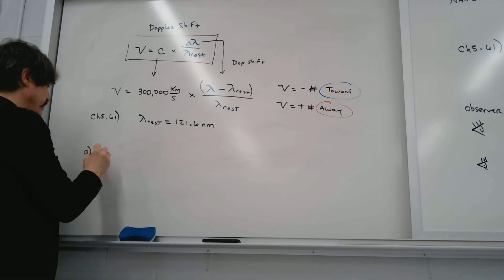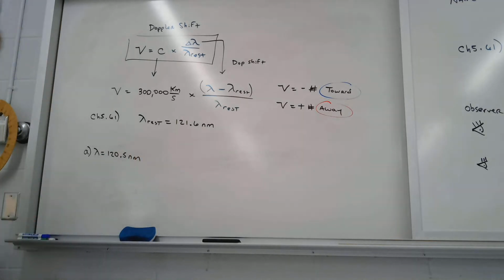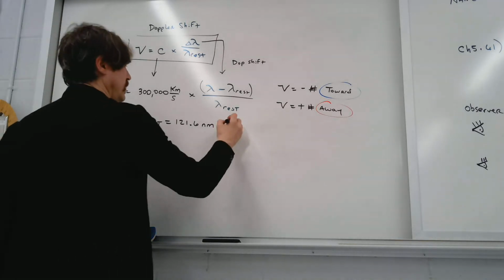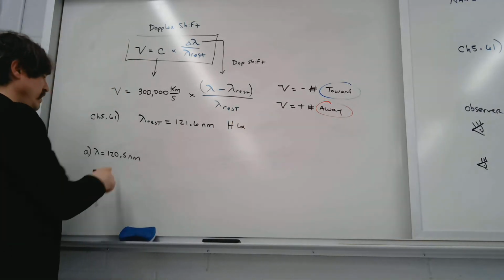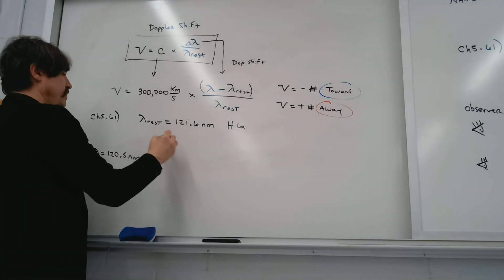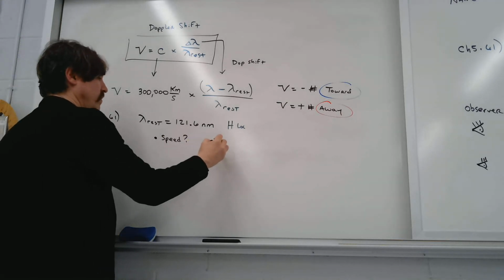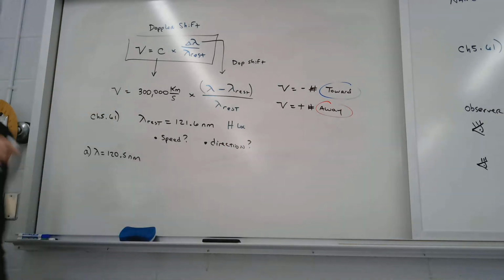Okay, let's slow down for a second. 120.5 nanometers. So what they asked us to do is they said we've got a rest wavelength for hydrogen, Lyman alpha. This is the observed wavelength. And our goal is to find both the speed of the star and also the direction, whether it's towards Earth or away from Earth.